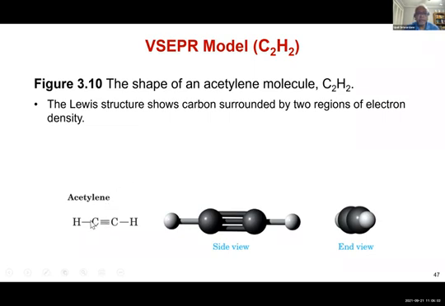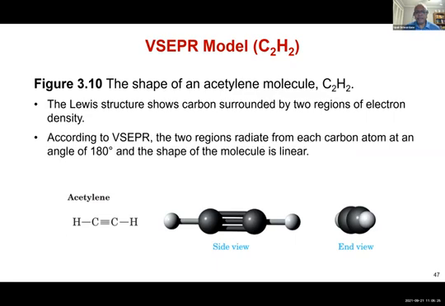There are two bonding electron pairs. Two bonding electron pairs can be distributed only in a linear arrangement to repel each other as far apart as possible. Two things in space are in a linear arrangement. Therefore, the whole molecule has a linear arrangement.